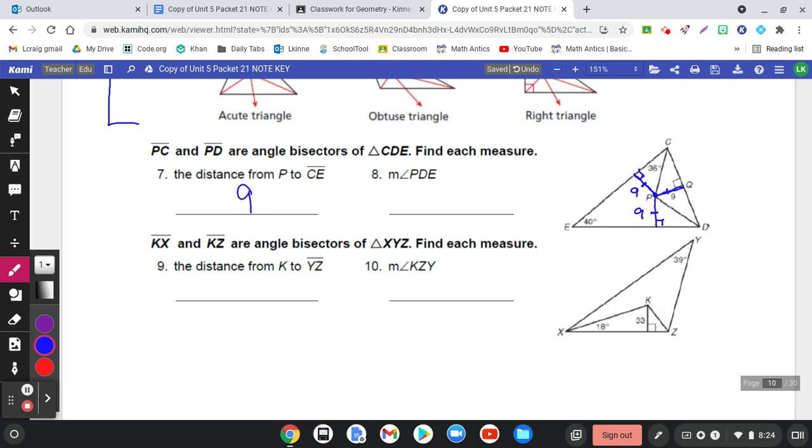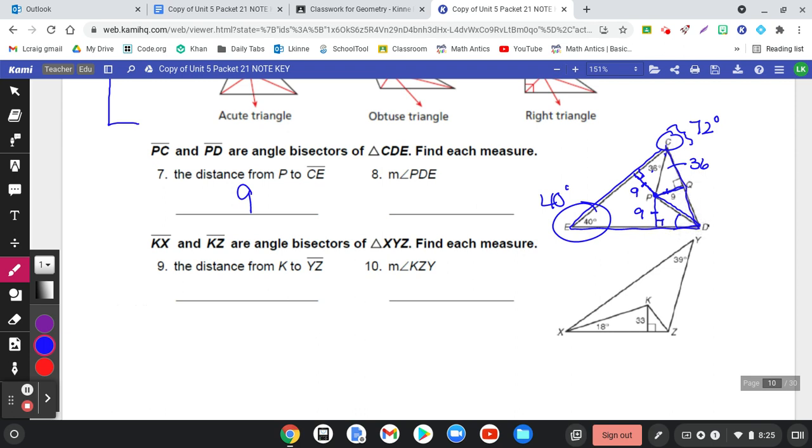Now, the angle measure is a little different. We're looking for PDE. So if we follow the path P to D to E, we're looking for this. Well, these are angle bisectors. So if this is 36, this is 36, and this whole angle is 72. This whole angle is 40. Well, if you look, we have one big triangle here.